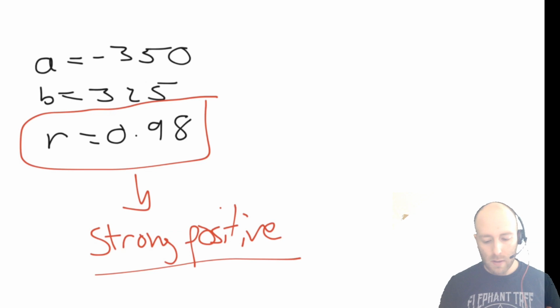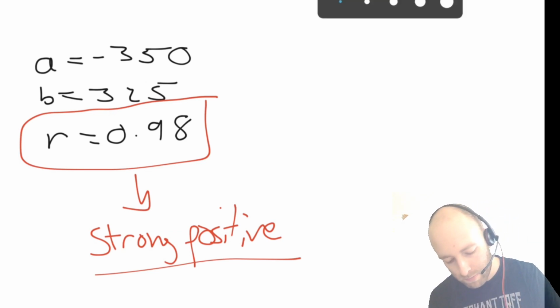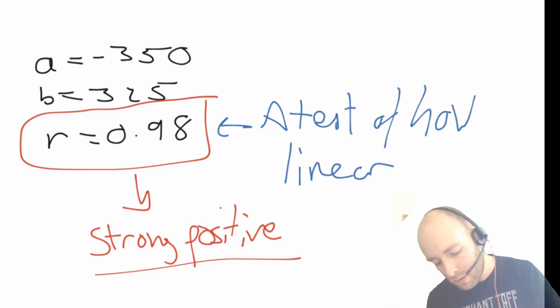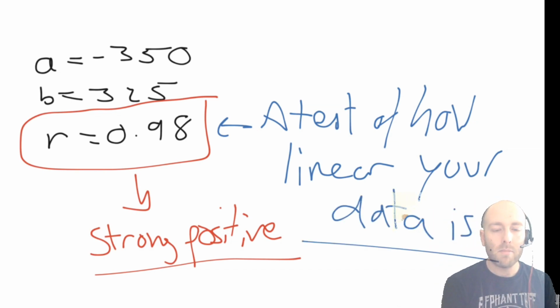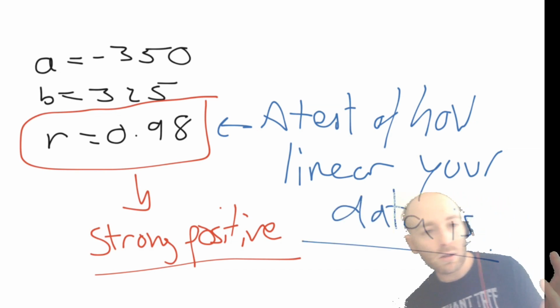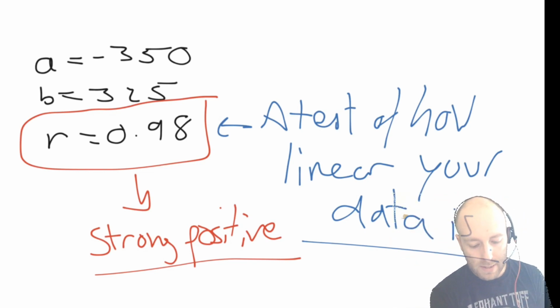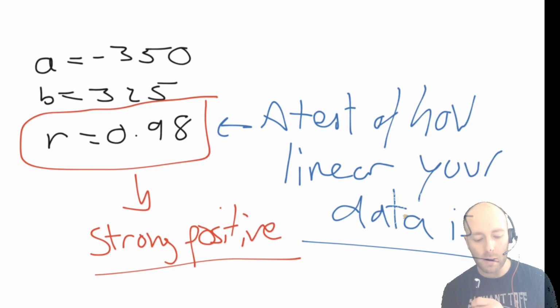So remember, this is a test of how linear your data is. So because it's strong, it's almost 1. We know it's definitely linear data. So because it's definitely linear data, it makes sense to find a line of best fit.